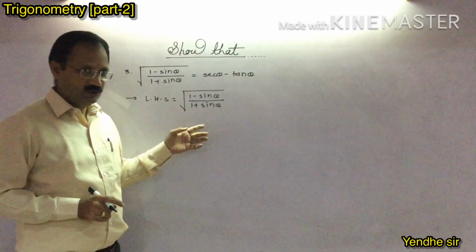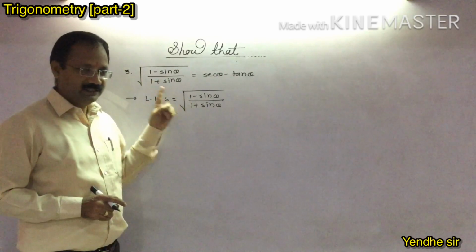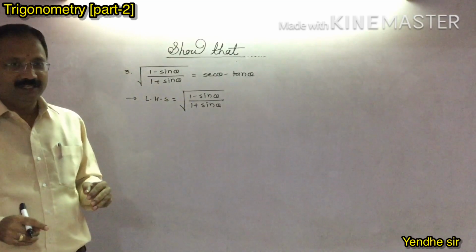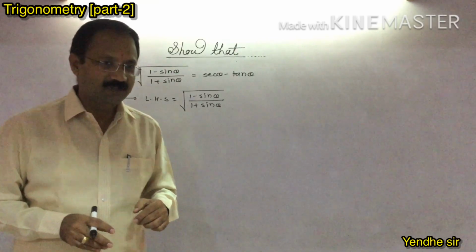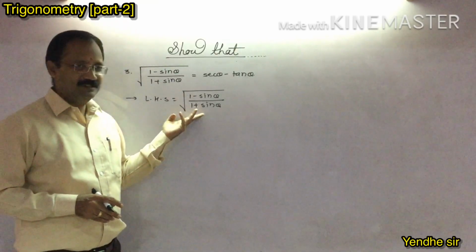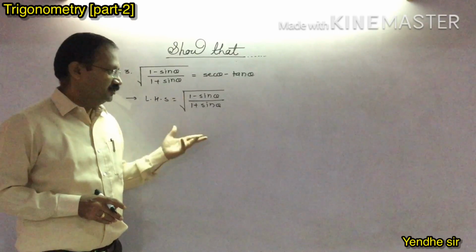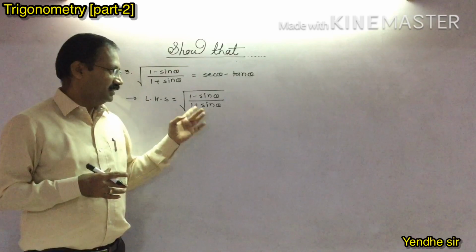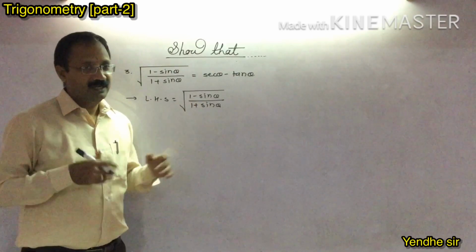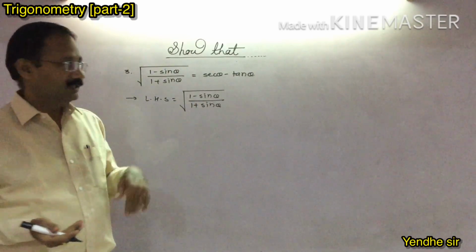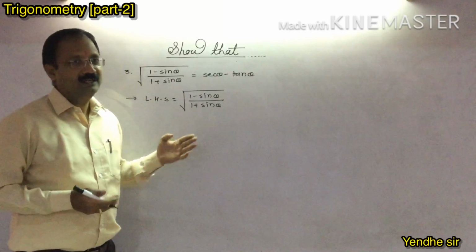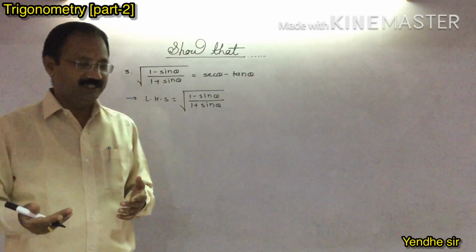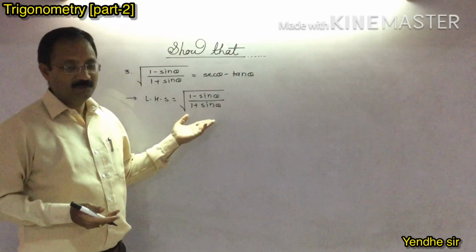But there is no tan theta, cot theta, sec theta or cosec theta. Rule number 3, if the denominators are not the same, then cross multiply. Here it is a different thing. There is no denominator to cross multiply for this one. There is only one numerator and denominator. Next rule, take the common. Nothing is common here. Next is sin square theta plus cos square theta. It is not there.